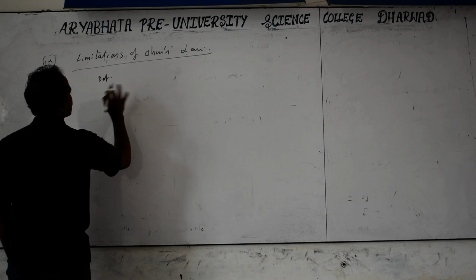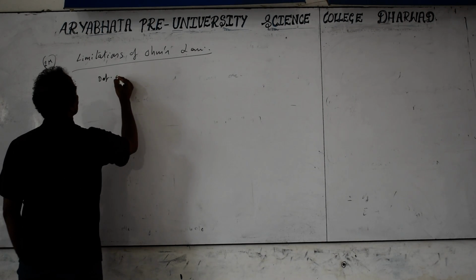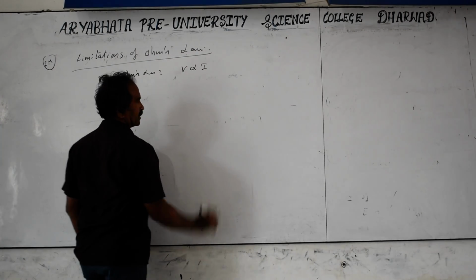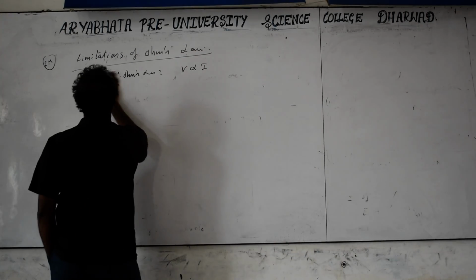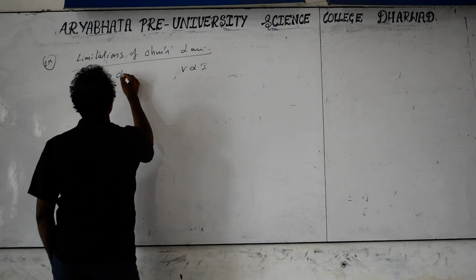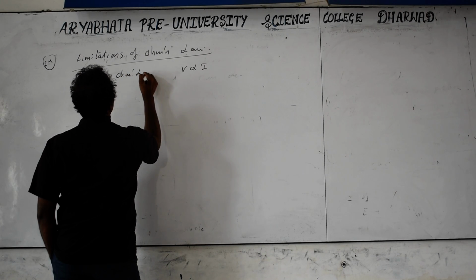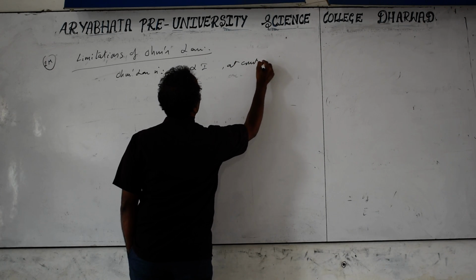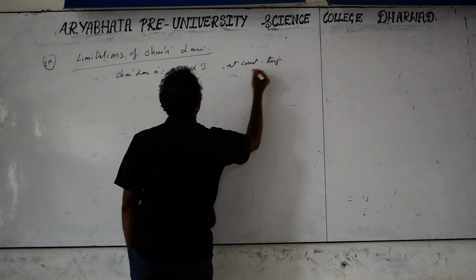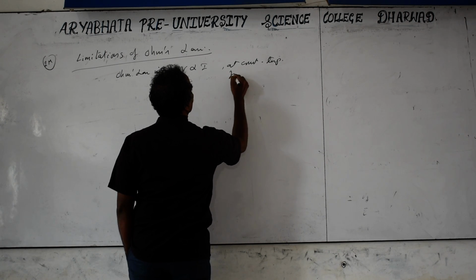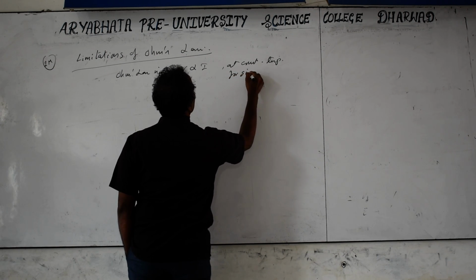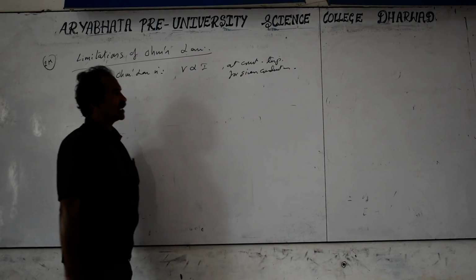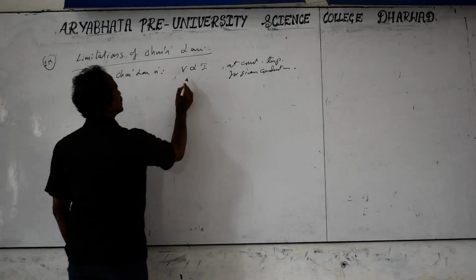In the examination, don't just mention that Ohm's law is V proportional to I. Ohm's law holds at constant temperature for a given conductor. For a given conductor means area and length should be constant. Okay, this is Ohm's law.